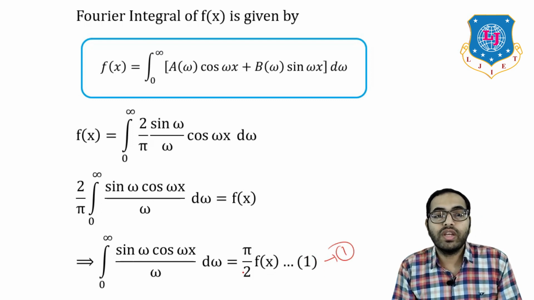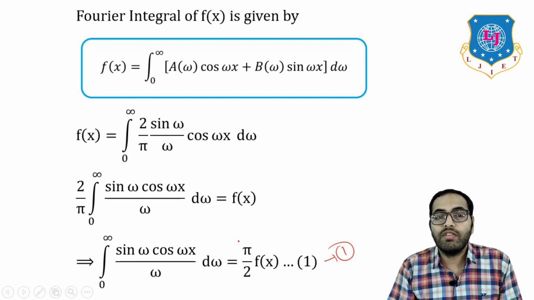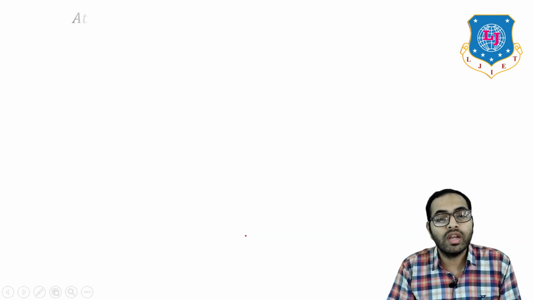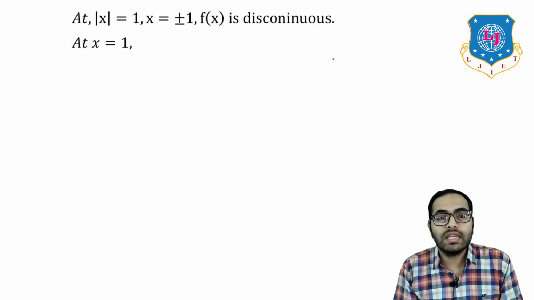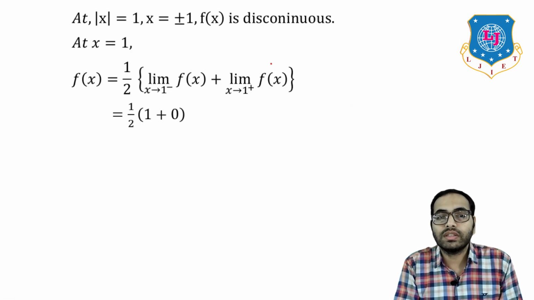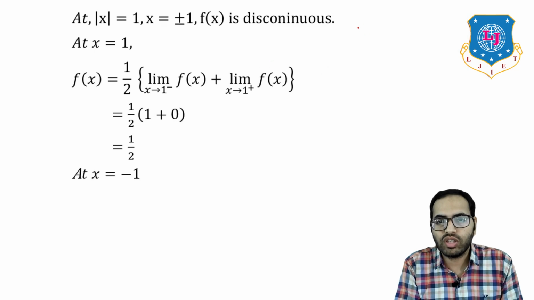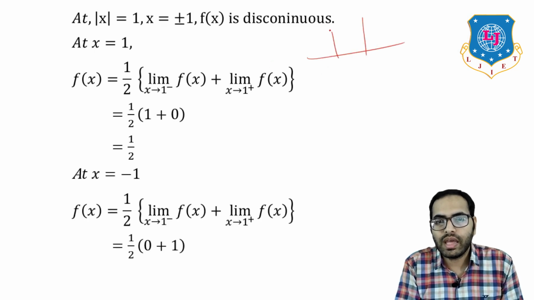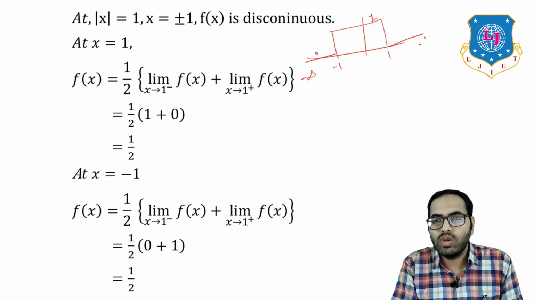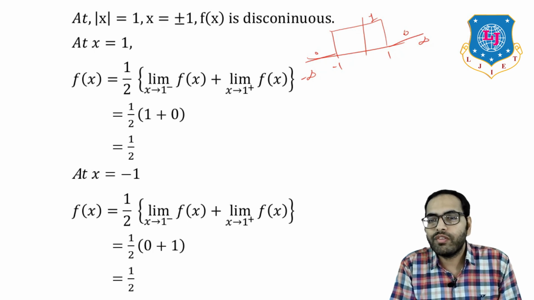Here this is our Fourier integral representation, but we are also evaluating two calculations. Let's move on to the first. See, in the graphical representation of the function, from minus 1 to 1 the function has value 1, except in this range the function has value 0: from minus infinity to minus 1 the function has value 0, and from 1 to infinity the function has value 0, but from minus 1 to 1 the function has value 1.